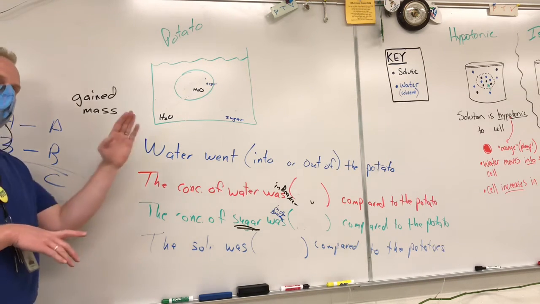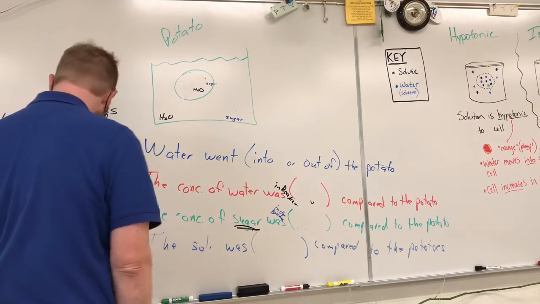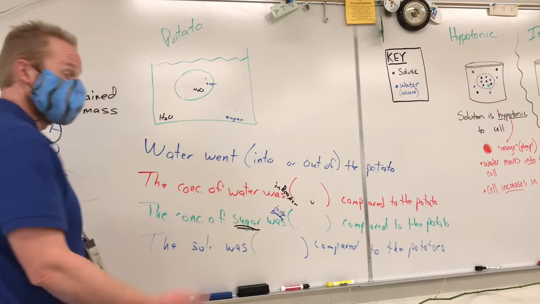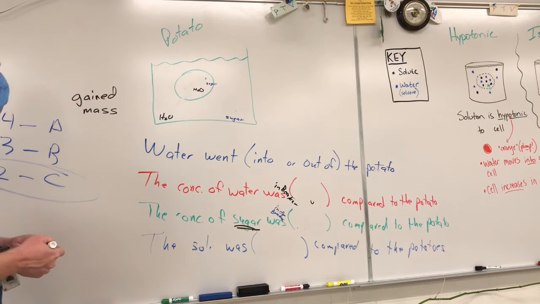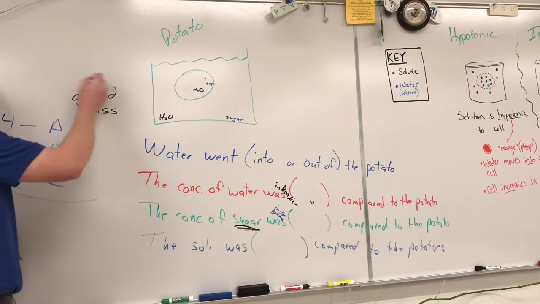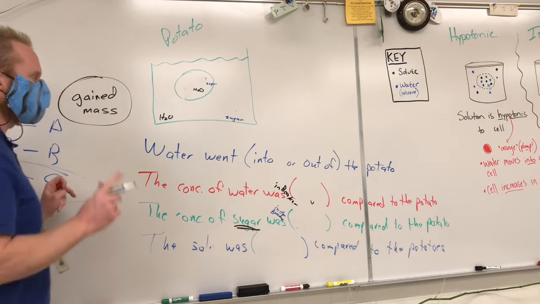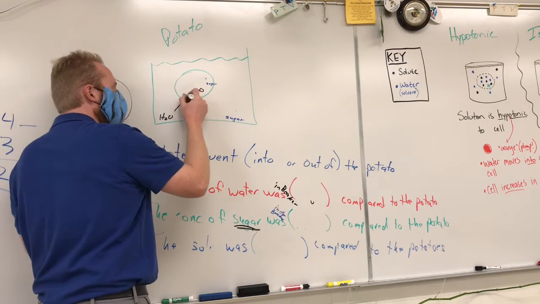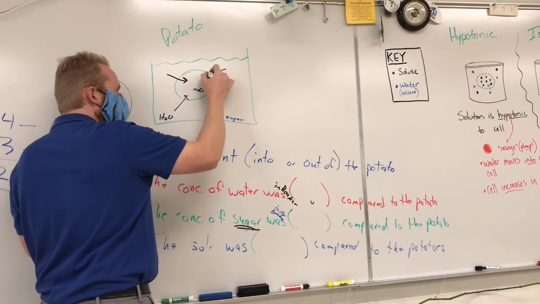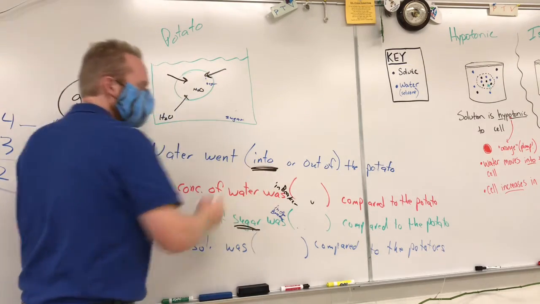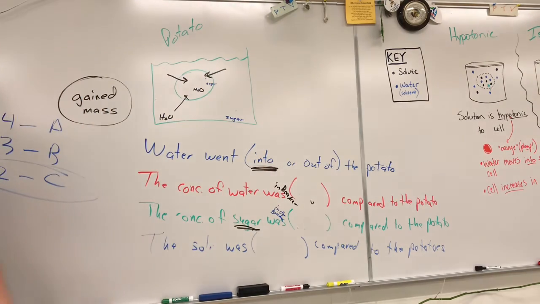we purposely picked 0% and 25% because we're at the far ends. Water was either flowing in or flowing out. We could almost guarantee that. So let's assume that mass was gained. Because mass was gained, water must have been flowing into the cell. That's where that mass came from.